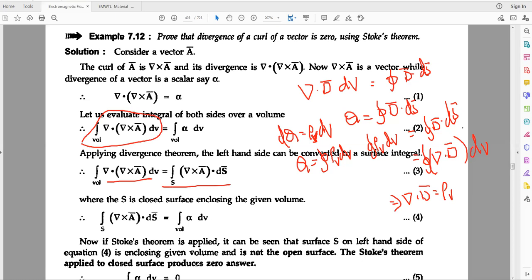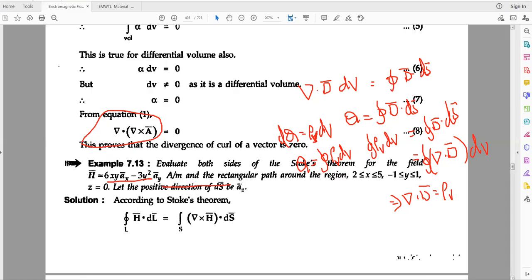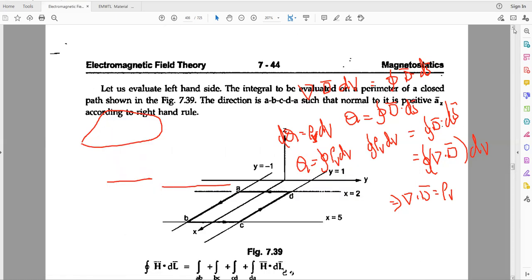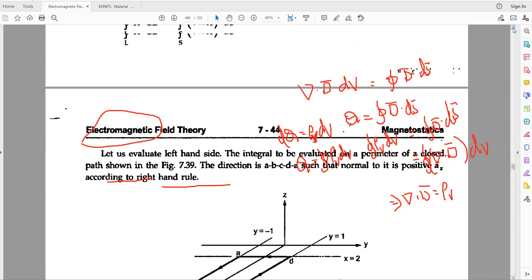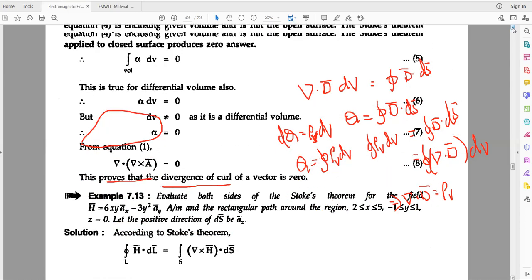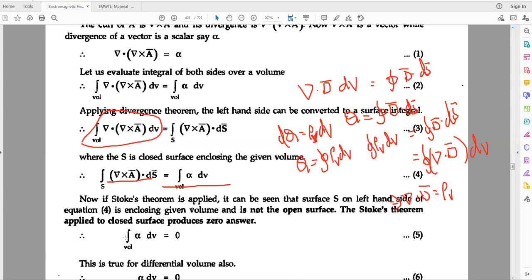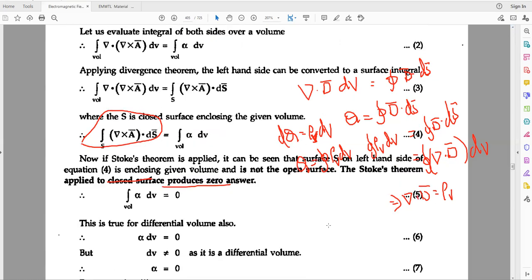The Stokes theorem applied to the closed surface produces 0. So the volume integral of alpha into dv is equal to 0. Whenever it is converted into the surface integral, that is a 0 value.